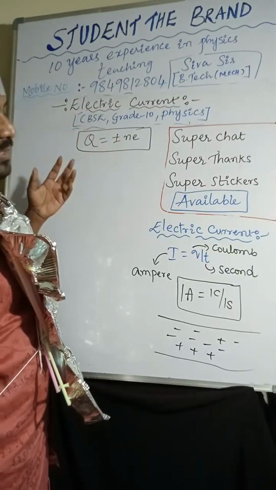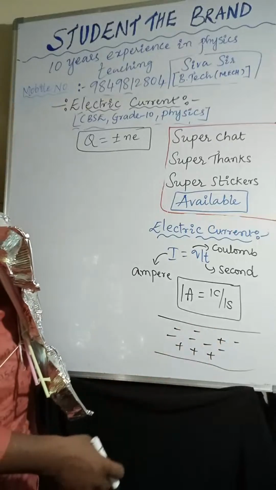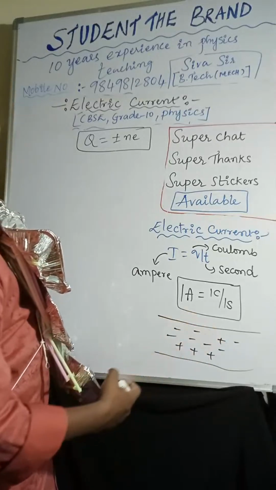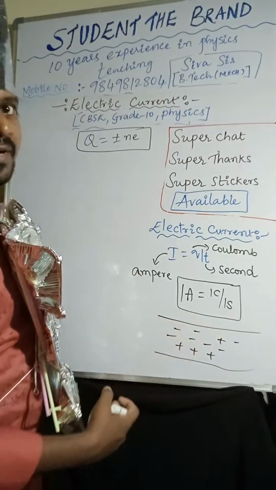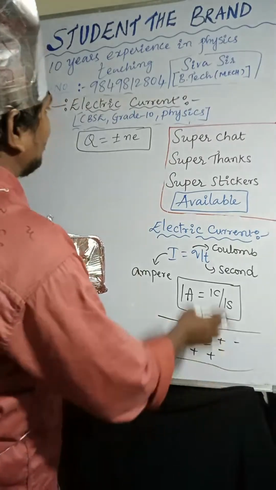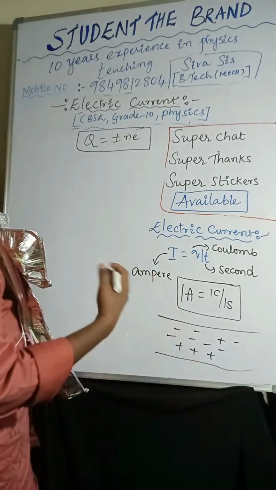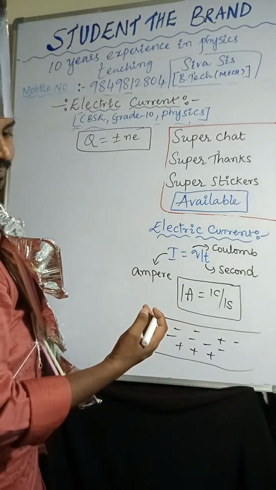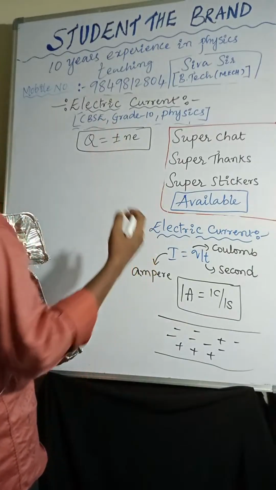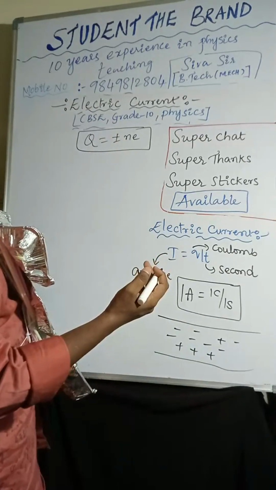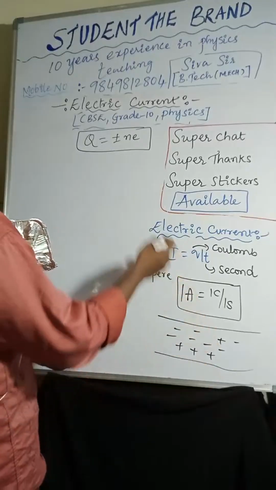Plus is positive charge and minus is negative charge. The electron is negative charge and the proton is positive charge. That is why we take plus or minus.